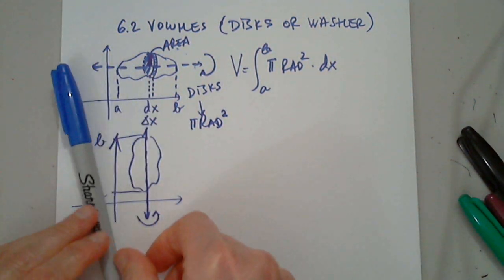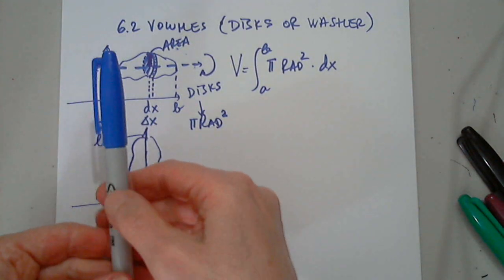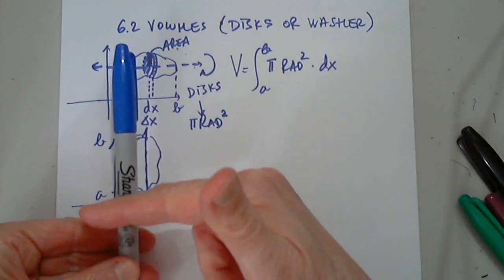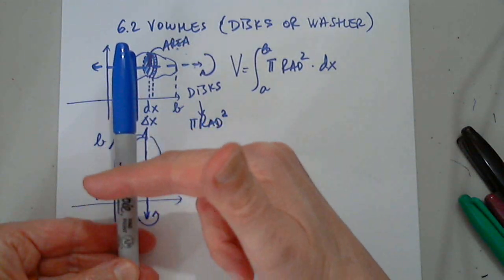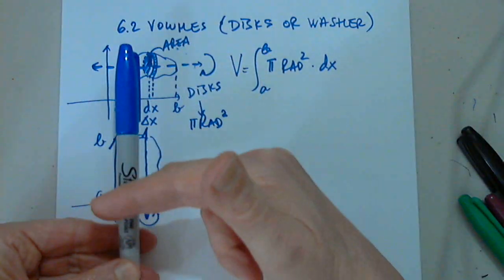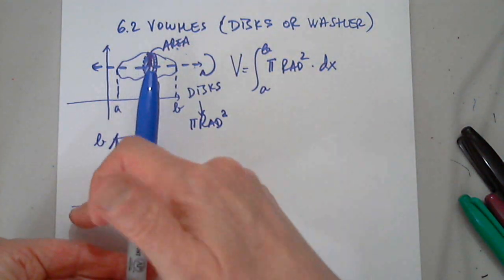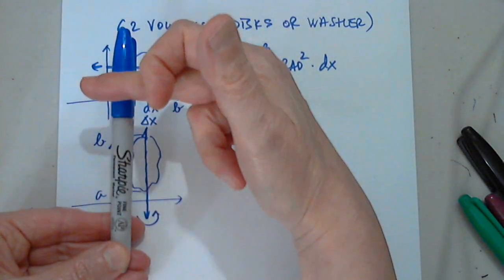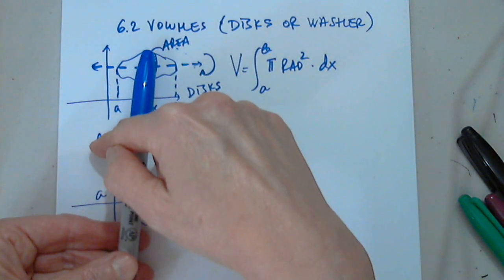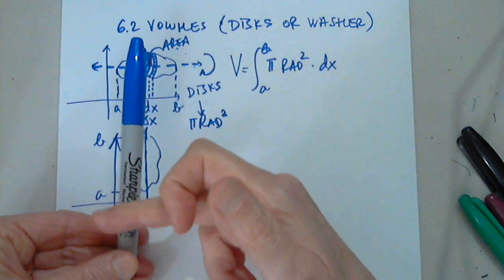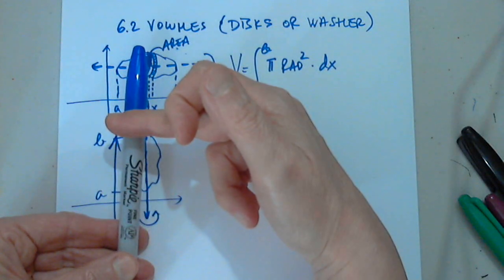So in this case, the rotation will enable us to cut it in small disks from the smallest a, for the smallest value, till the upper value for b. But this time we are going to integrate with respect to y.